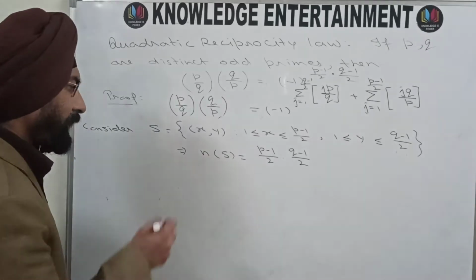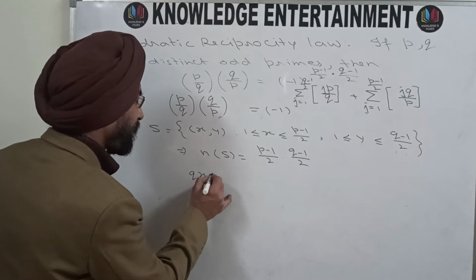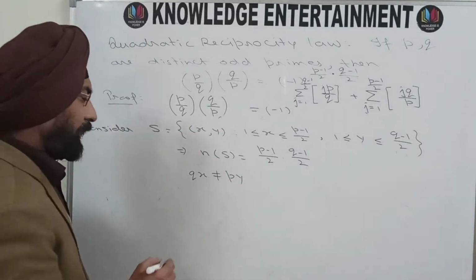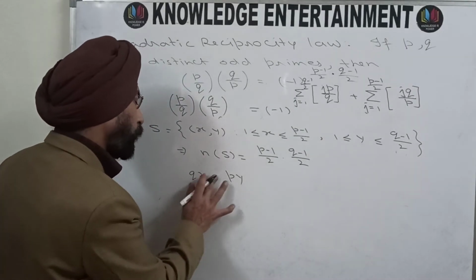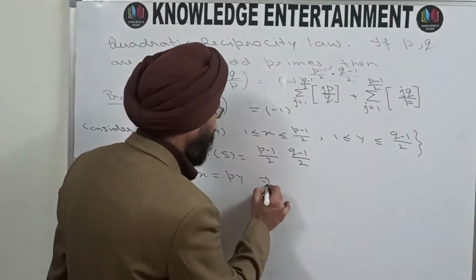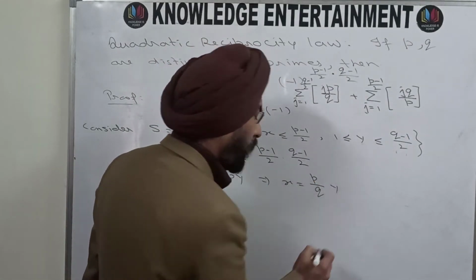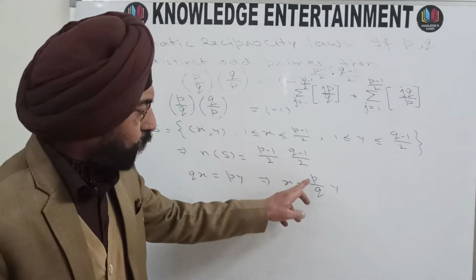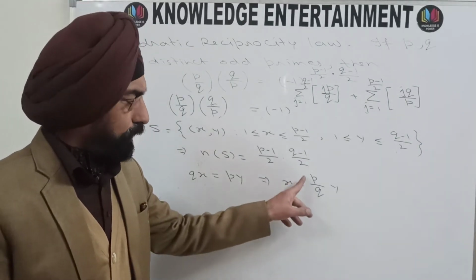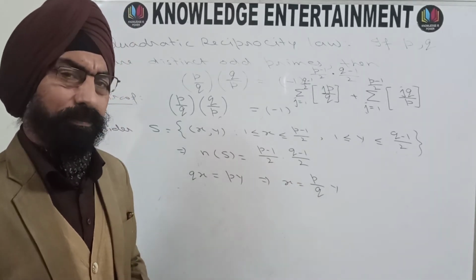Further, one thing to be noted is that qx cannot be equal to py, because if qx is equal to py, then taking q to the other side you will get x equal to p upon q into y. Since p and q are distinct primes, they are not divisible by each other, so p is not divisible by q. Neither do they have any common factor.